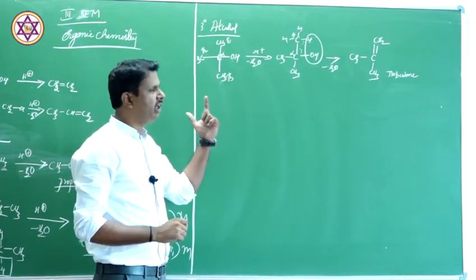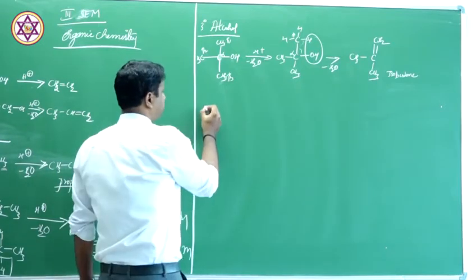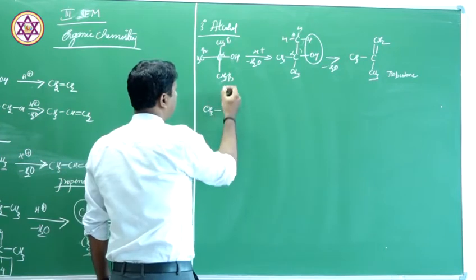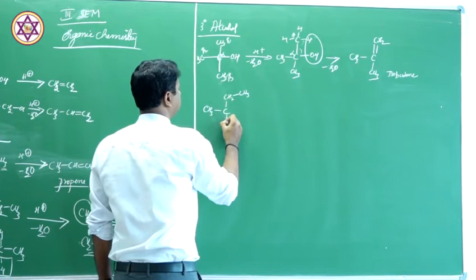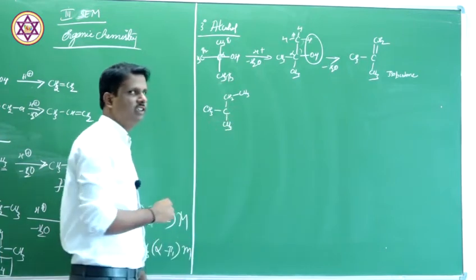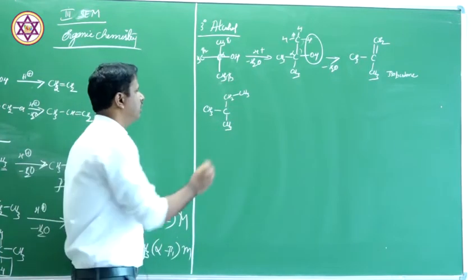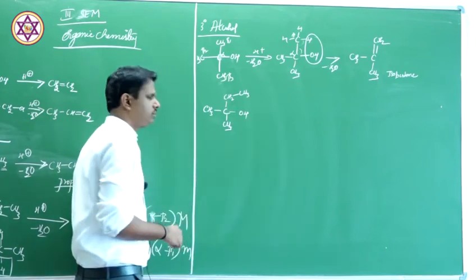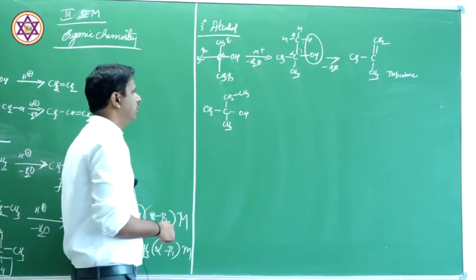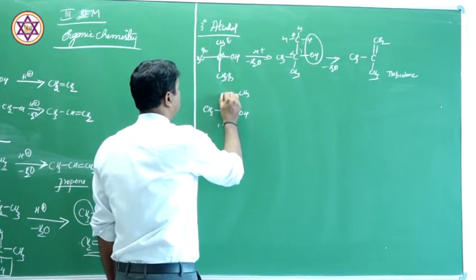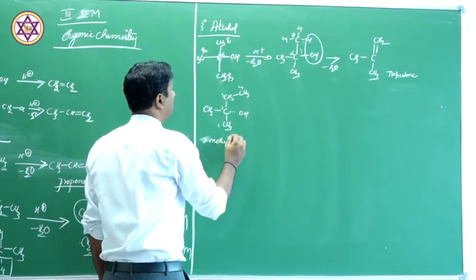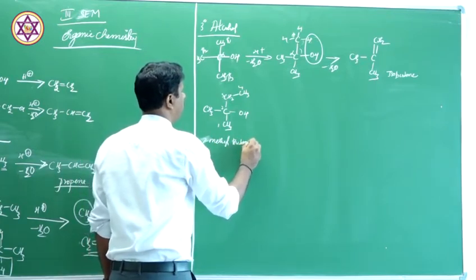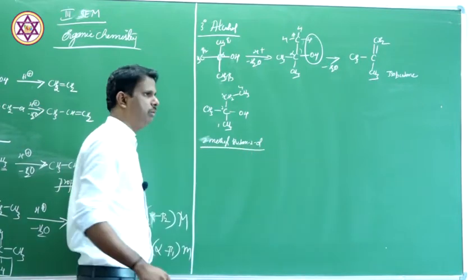Now, once again, if you take an unsymmetrical compound like this, let us say for example, instead of this one, you have a compound like this, and that means alcohol here. If you have this compound, that means 1, 2, 3, 4, that is 2-methyl butan-2-ol.